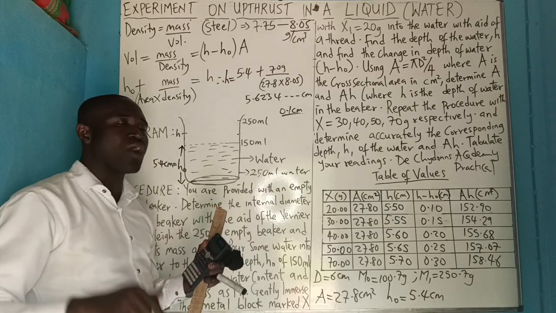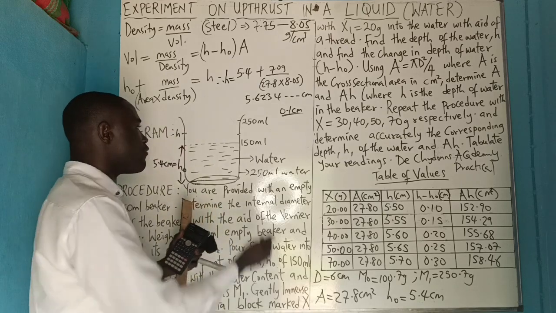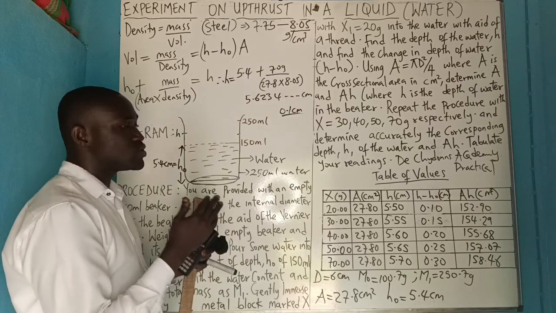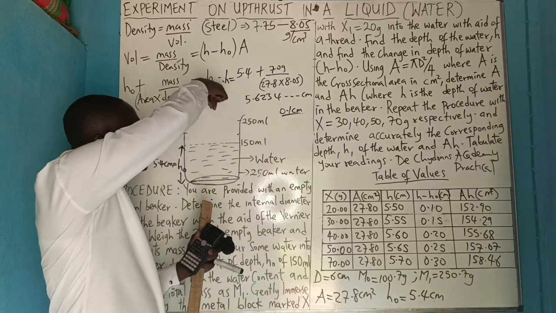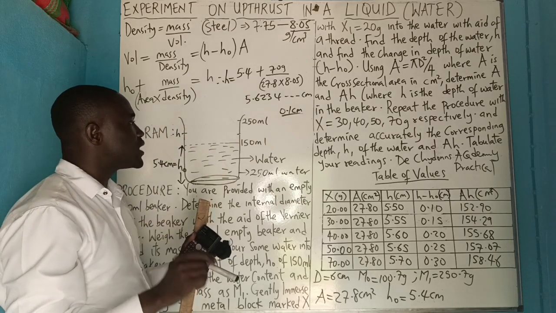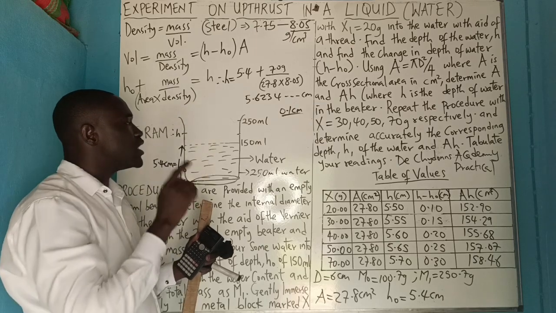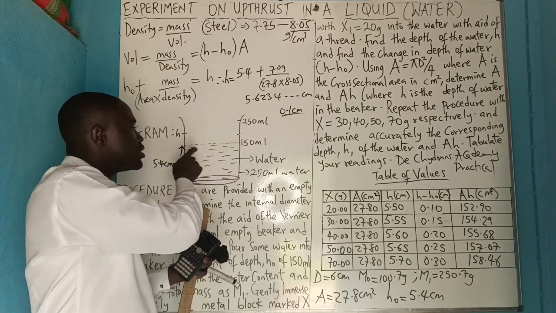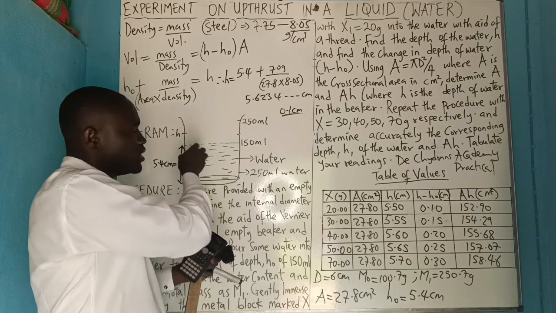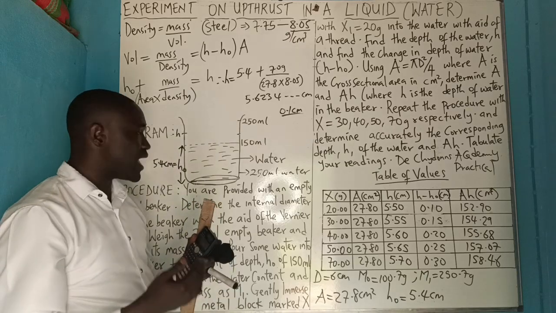You say the error you tried to avoid, and how you avoided it: by taking my reading vertically downwards on the meter rule. Another precaution you should take note of is while immersing the mass inside the water, care was taken to ensure that it did not touch the side of the beaker, and also that it did not splash water out, so as to enhance accuracy.